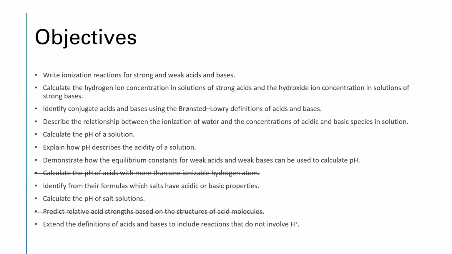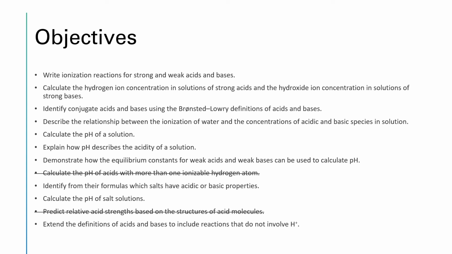Our objectives for the entire chapter are listed here. We looked at Arrhenius acids, Bronsted-Lowry acids and bases, of course, and Lewis acids and bases. We looked at the concept of conjugate pairs. We looked at how water auto-ionizes so that there are always hydrogen and hydroxide ions present if you have water.